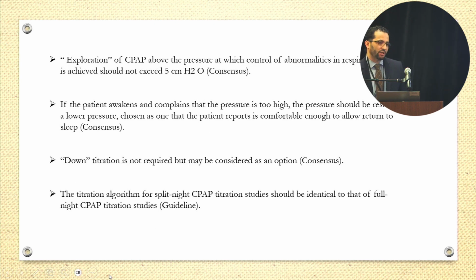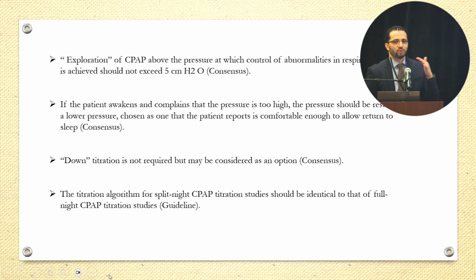There is something called exploration of CPAP, which is done after you eliminate your respiratory or obstructive events. There is some data saying that even after you initially eliminate the respiratory events, you still have high resistance in the upper airways and the nasal passages.